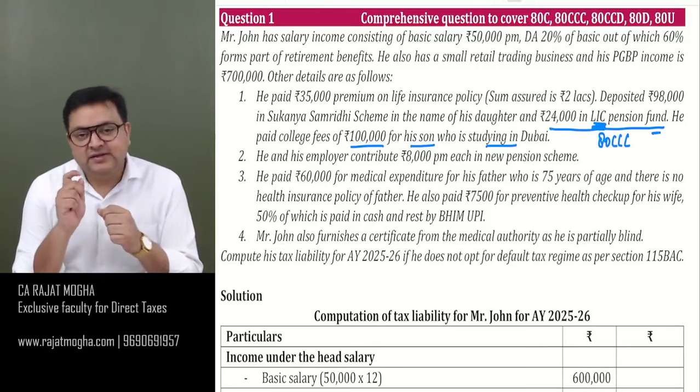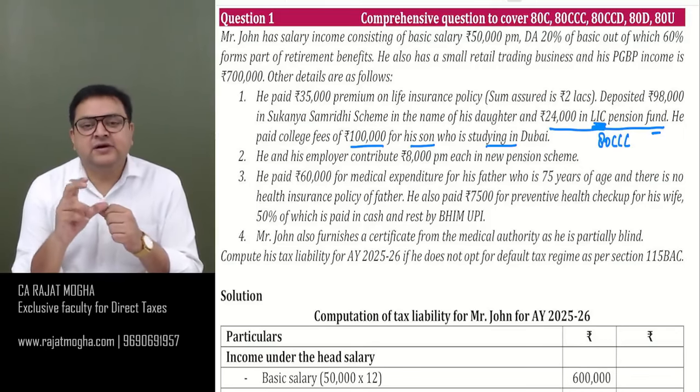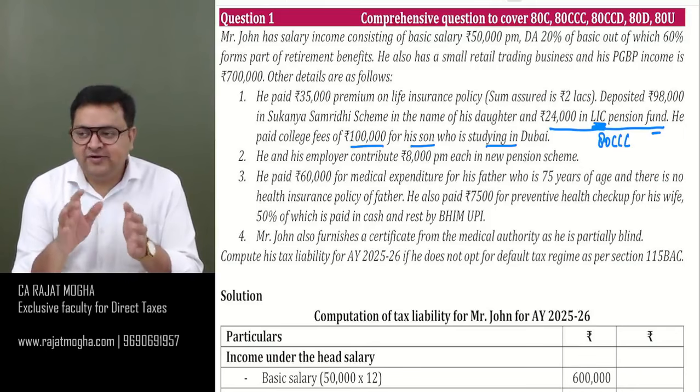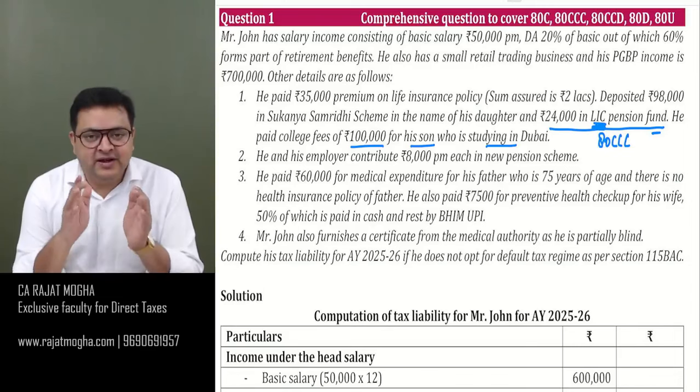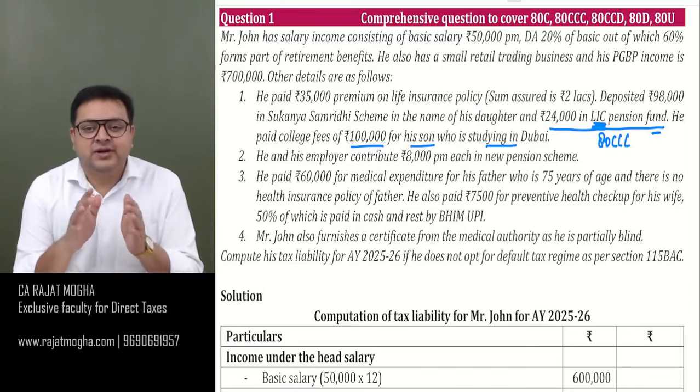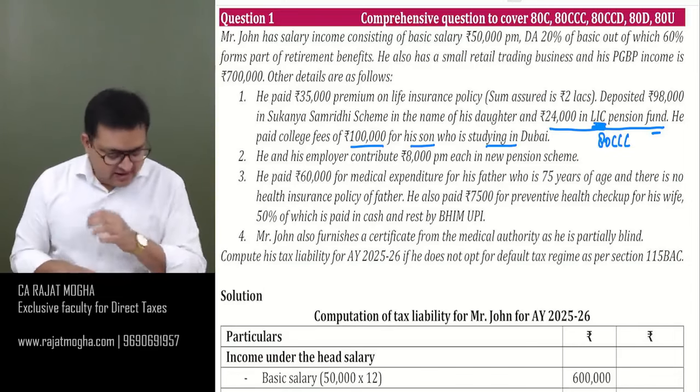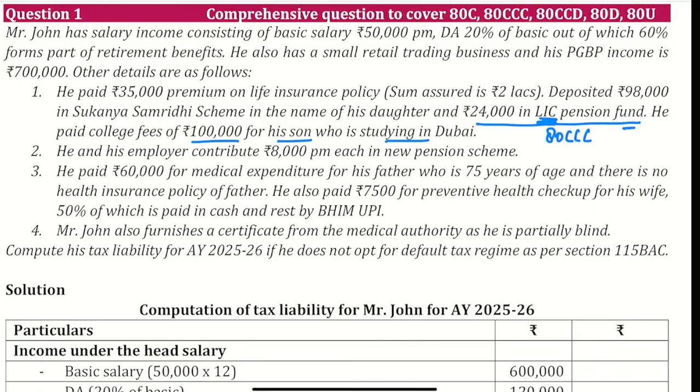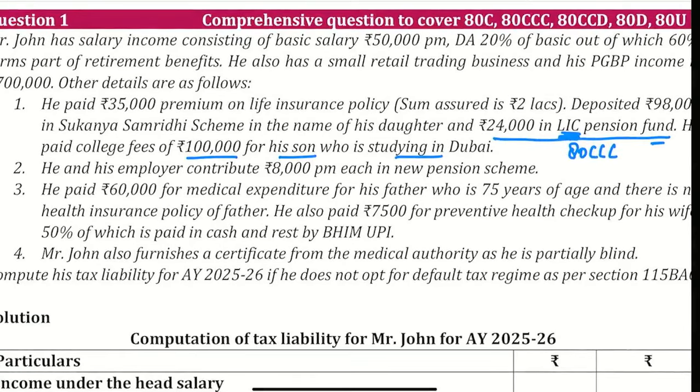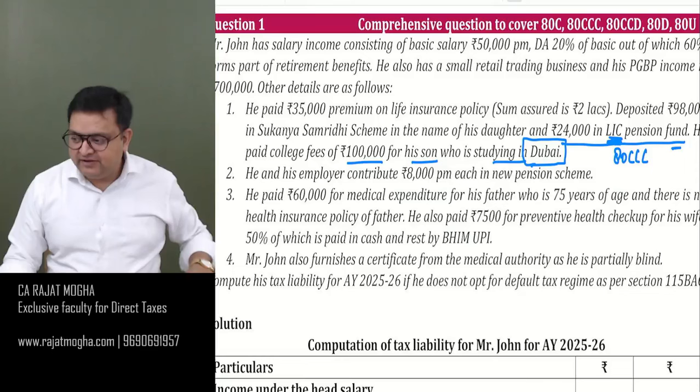Shagna is saying that, sir, we get 80C only if the education is happening in India. If it is with any Indian institution or Indian school or Indian college, then only we can give the deduction. And here, this tuition fees is being paid for his son who is studying in Dubai. So in this case, we will not get this deduction.